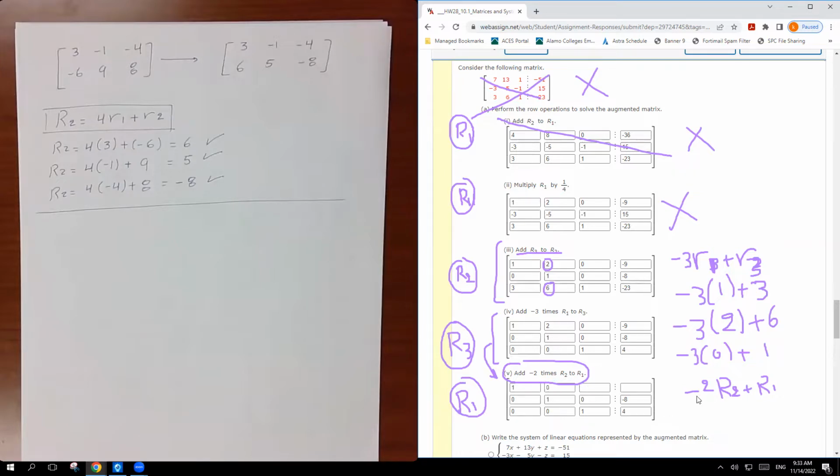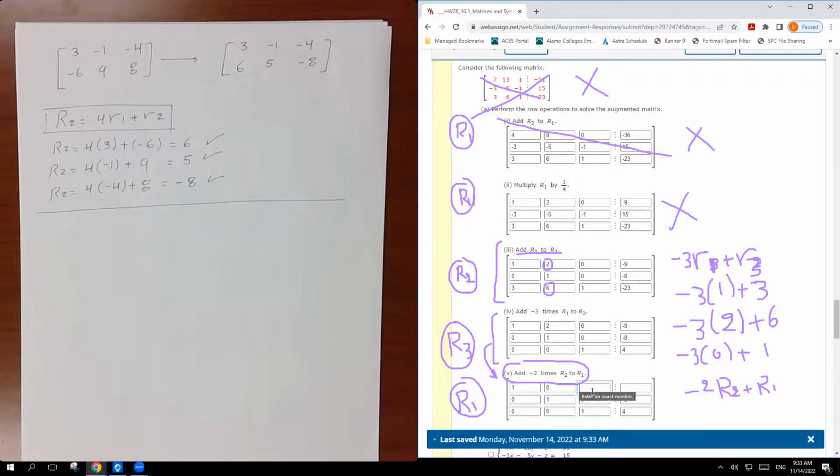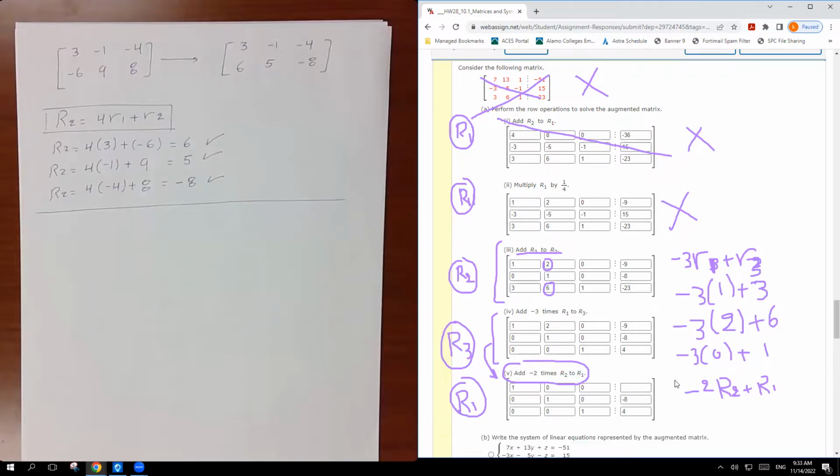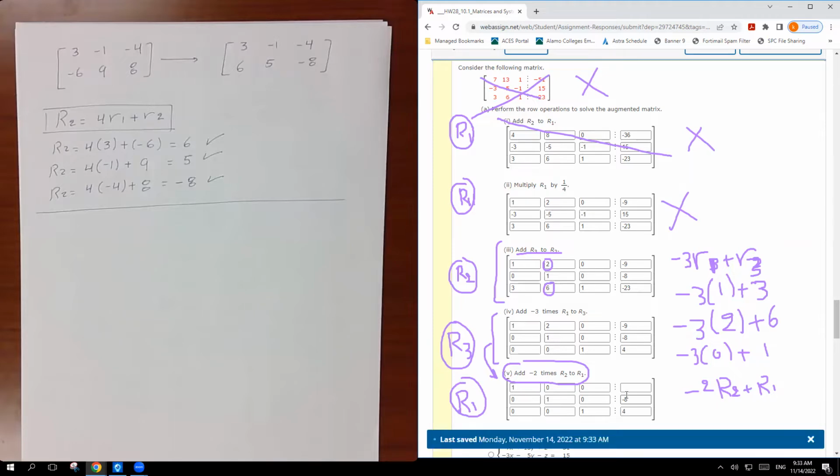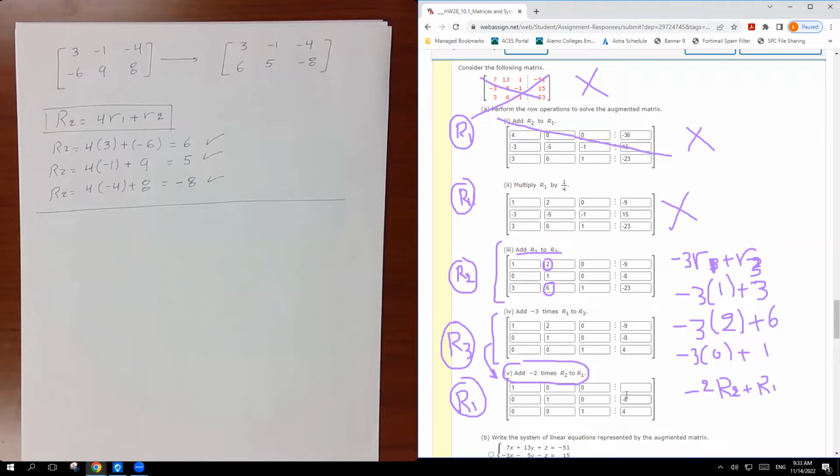The third element is negative 2 times 0, which is 0. 0 added to 0 is still 0. Now, negative 2 times negative 8 is positive 16. Positive 16 added to negative 9 is going to be 7. So this element here is going to be 7.